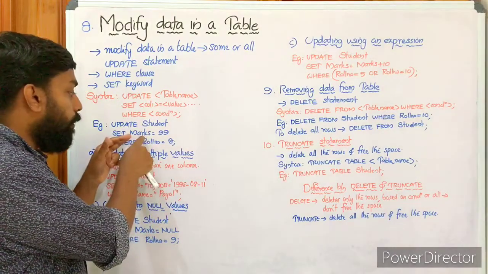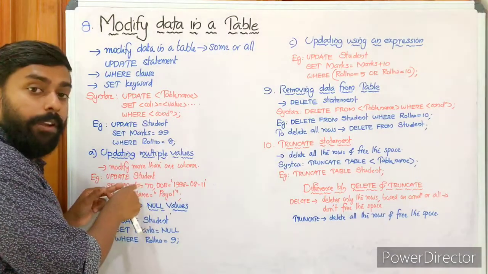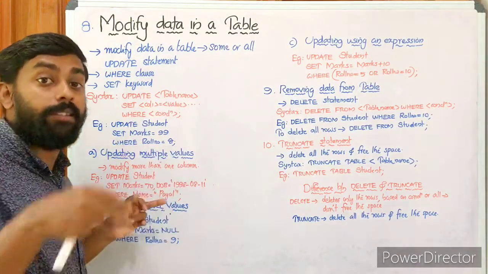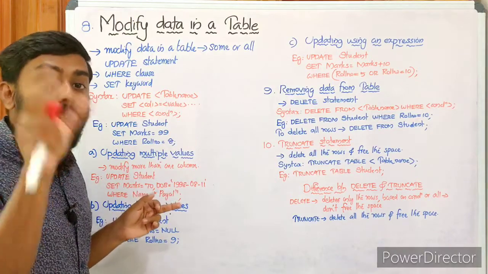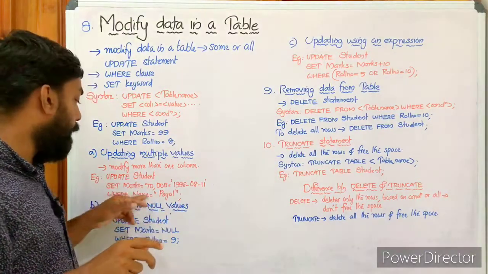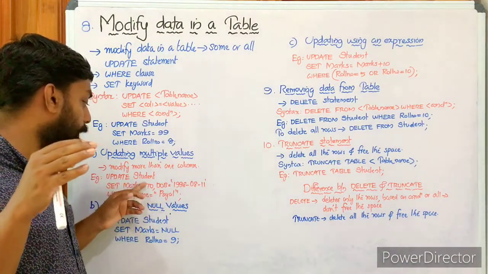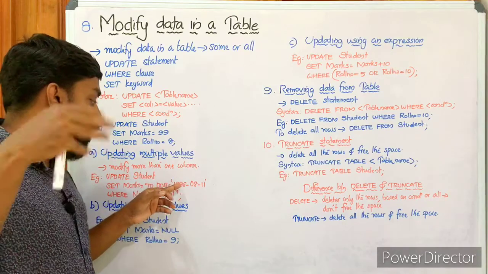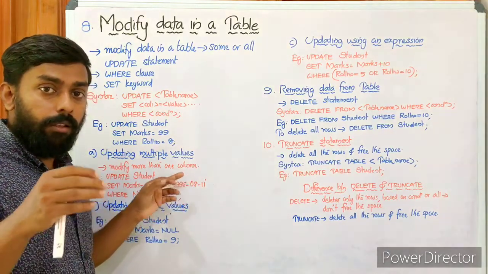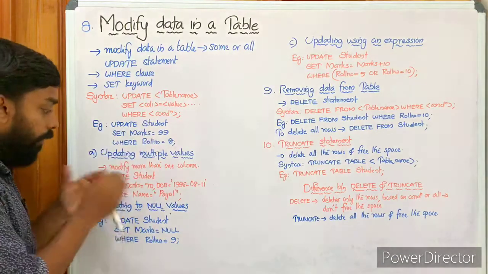Earlier we used it for updating only marks, but here we have applied it for marks and date of birth, meaning more than one column. Where name equal to Payal, we are setting the marks of Payal as 70 and date of birth as this value. So that's what updating multiple values is.